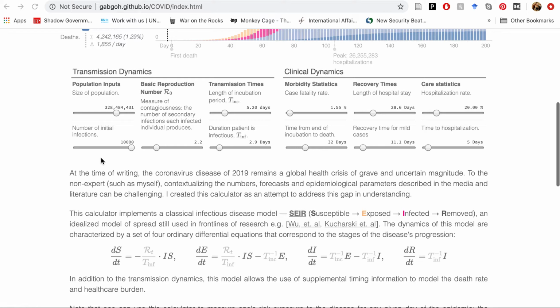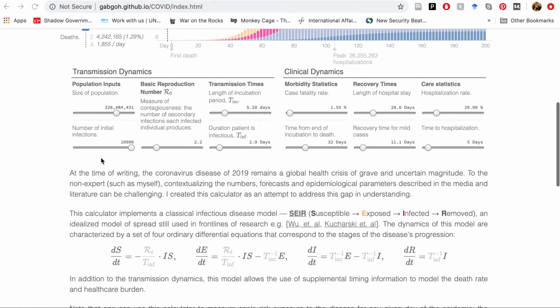As of 4 days ago, we had 10,000 infections. Currently, there are 33,000 confirmed and presumptive cases according to the CDC. So I selected 10,000. That's as far as the slider goes. And I will use that as a sort of baseline.